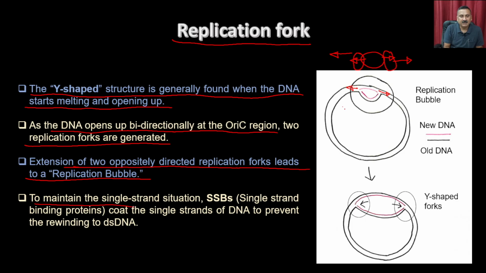To maintain the single-stranded situation, the single-stranded DNA binding proteins are going to coat the single-stranded DNA to prevent the rewinding of the double-stranded DNA. So, these are some of the components that are going to be present within the DNA structure.